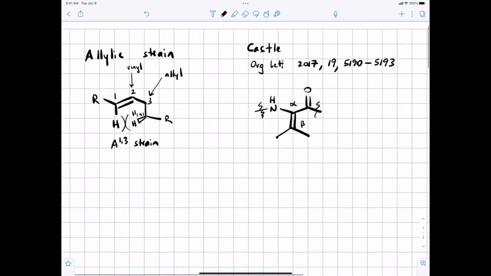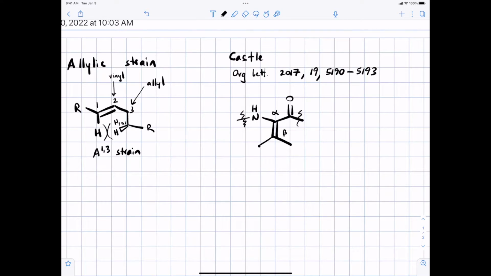This amino acid is called dihydrovaline, because it looks like the amino acid valine is the one where you have this isopropyl group going down. But if you get rid of this hydrogen and this hydrogen, and so that's an oxidation formally, you've got a double bond there.